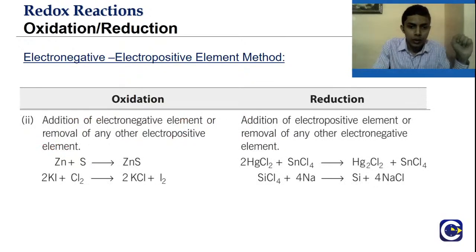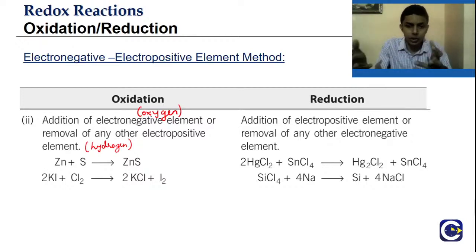So based on electronegativity, how can I differentiate oxidation and reduction? Addition of electronegative element, you can remember it as oxygen like, because oxygen is also quite electronegative. Or removal of any other electropositive element, you can remember hydrogen like. So sulfur is electronegative, if it gets added, it's oxidation.